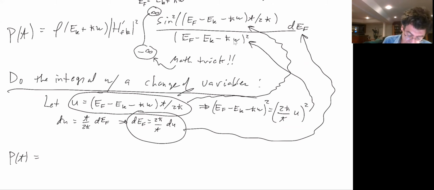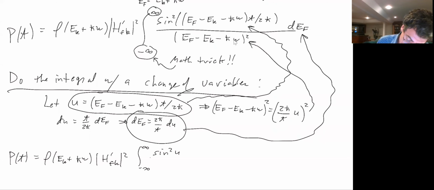My integral becomes rho of E_K plus h bar omega, times the H prime fk matrix element squared, times the integral from negative infinity to infinity of sine squared u over 4h bar squared over t squared u squared, times 2h bar over t du. I'm just plugging in all my changes of variables.